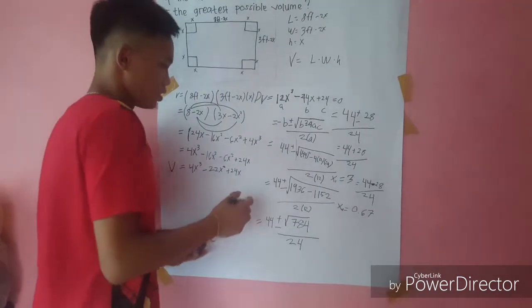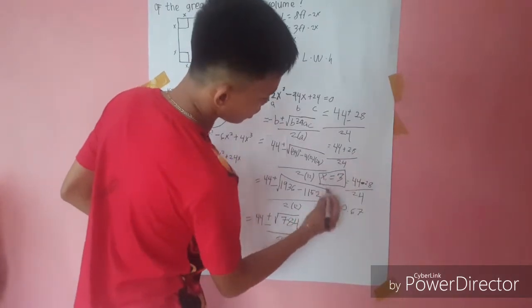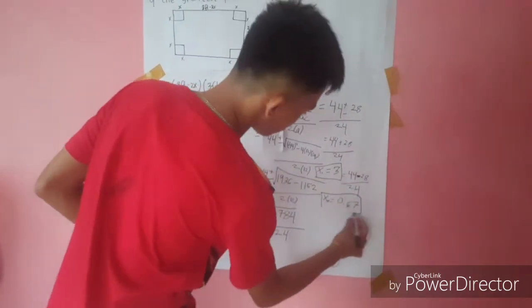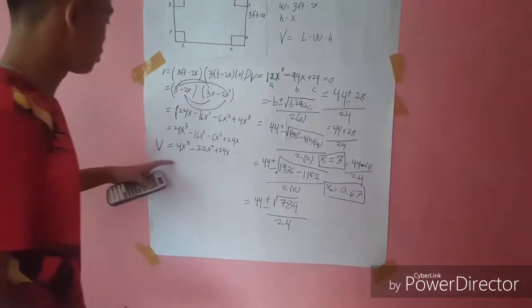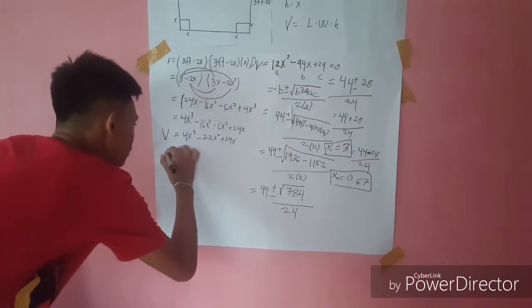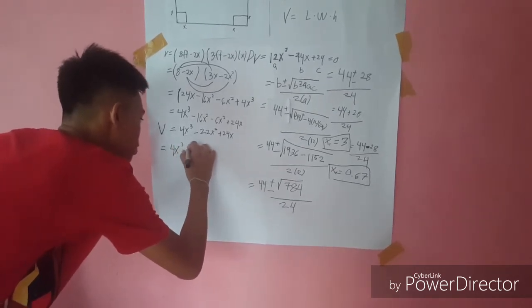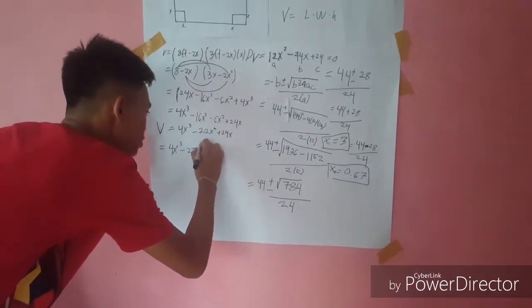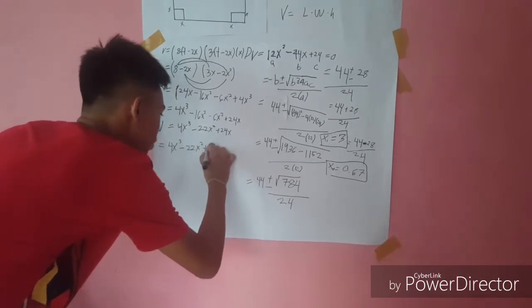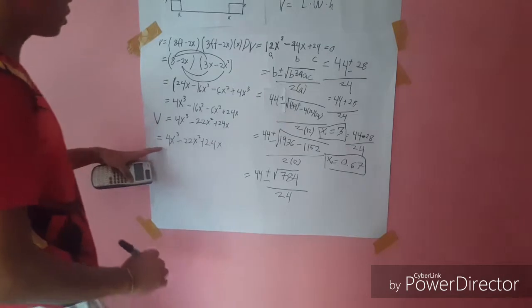So this is our x, and we're gonna substitute our x into our model. So here's our model: 4x cubed minus 22x squared plus 24x. So substitute our x here.